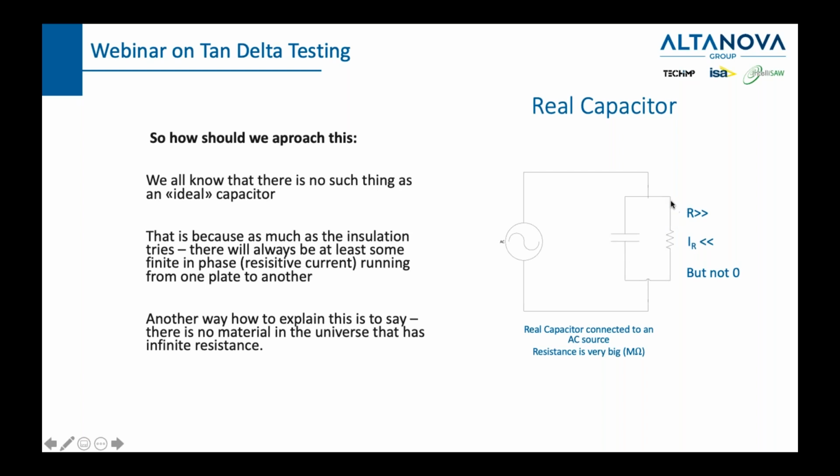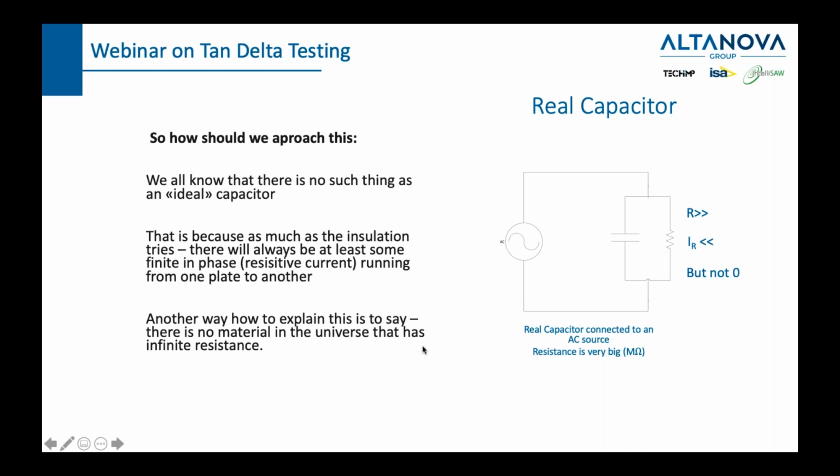So we do have now some current also running through this resistor, which is very big. It has a huge resistance, mega ohms, hundreds of mega ohms, which means that the resistive current running through here is very small, especially in respect to the capacitive current running through the capacitor, but it's still not 0. So it is finite, but it's very small.